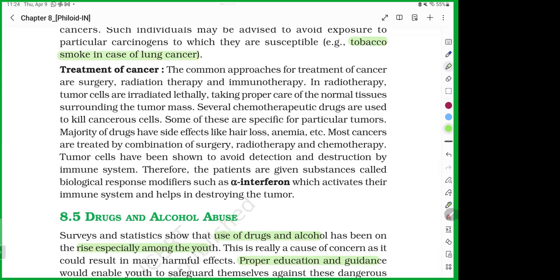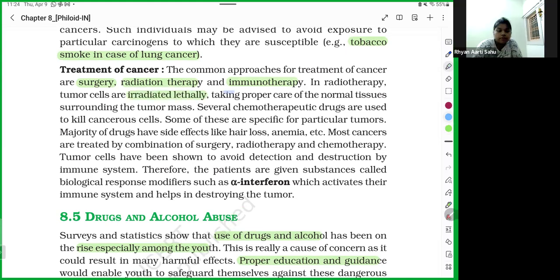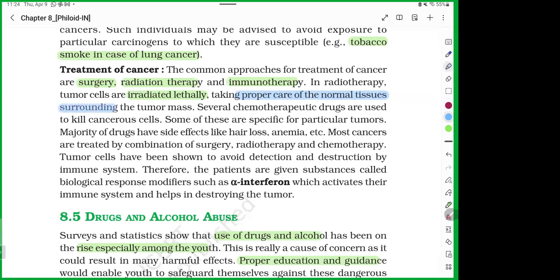How to treat? There are multiple approaches: surgery, radiation, immunotherapy. In radiotherapy, we throw radiation on the cancer mass, and we make sure normal tissue is protected. We can use chemotherapy medicine to kill the cancer mass.